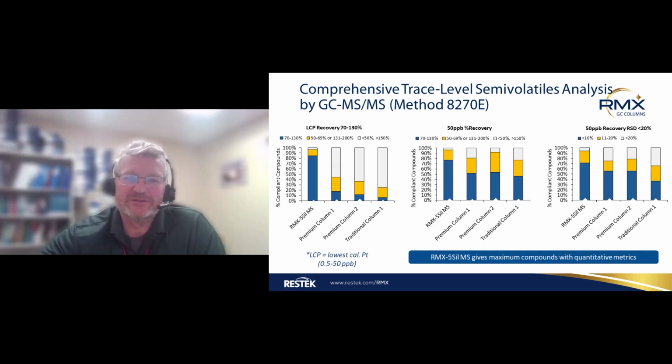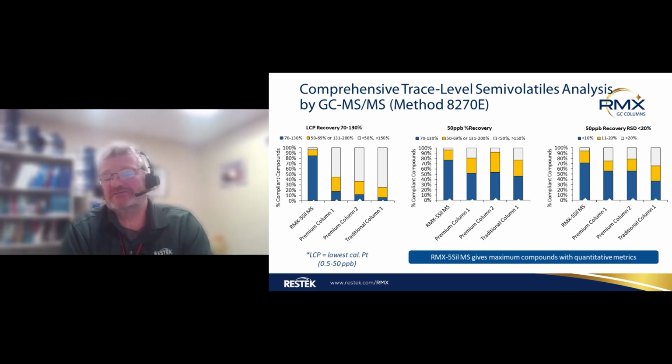Now, if we're going to go with the continuing check standard, which would be at the midpoint, we're going to try it at 50 parts per billion. We have really good recovery when we're calculating this against the curve. And again, this is between 70 and 130%. And you can clearly see that it does outperform the other columns.